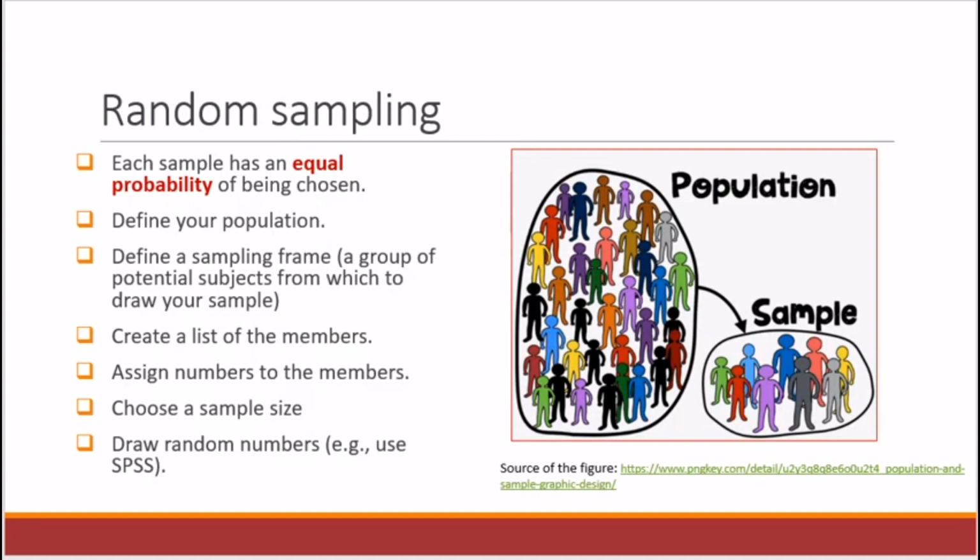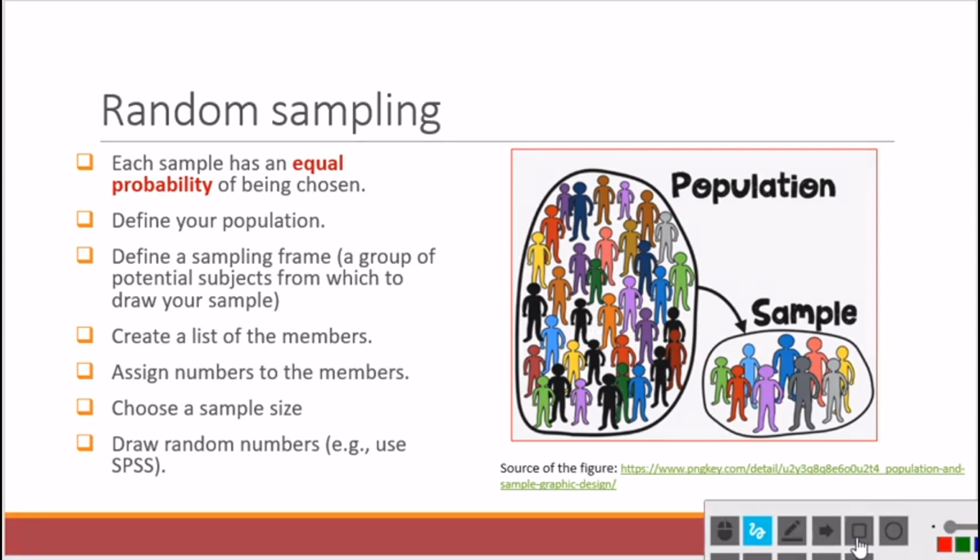First of all, a random sampling technique is a methodology in which each sample in the population has an equal probability of being chosen. Okay, so let's say you are this person here, and there is a person who is far away from you in the population.